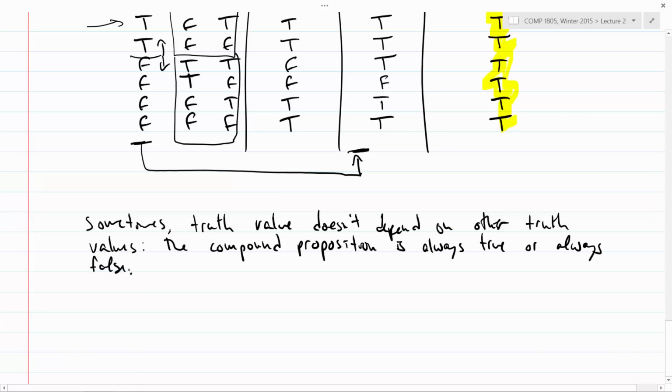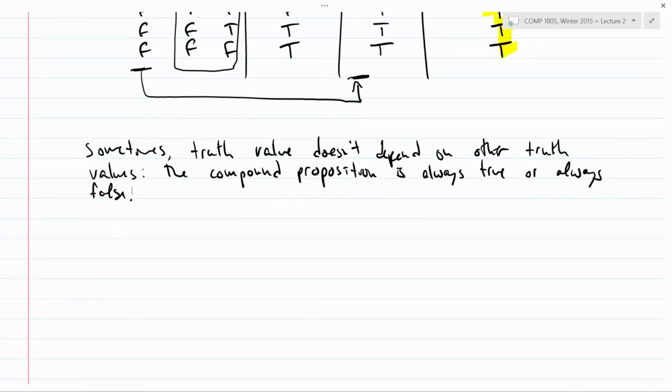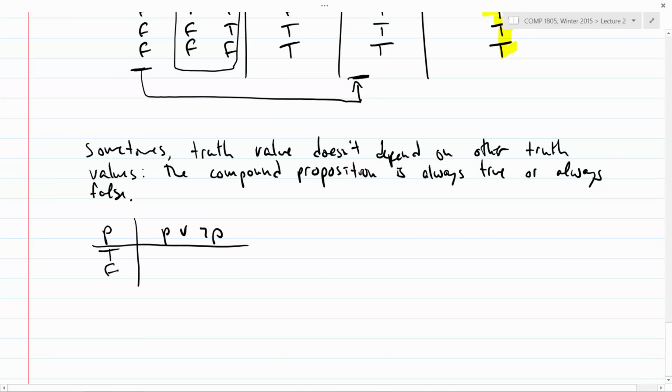Okay, so as an example, let's do P or not P. Right? This is a truth table for one thing, so it will have 2 to the 1 rows, or 2. So the only variable I'm interested in is P, and P could be either true or false.